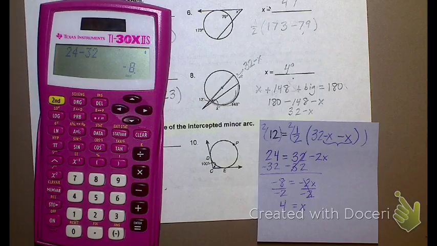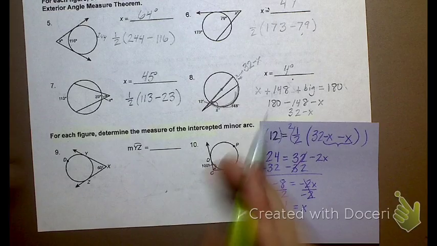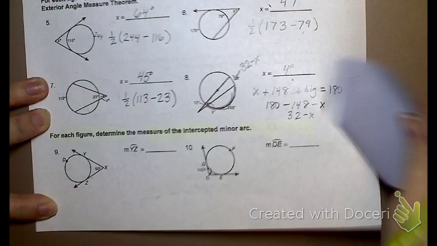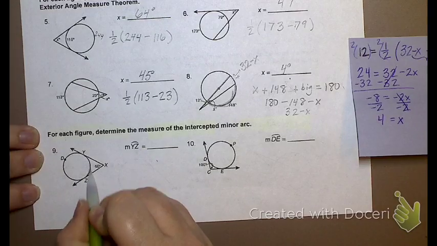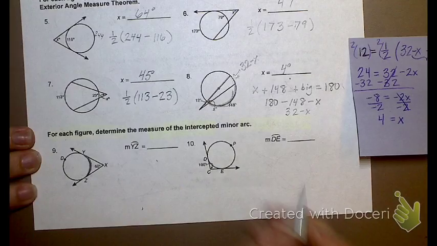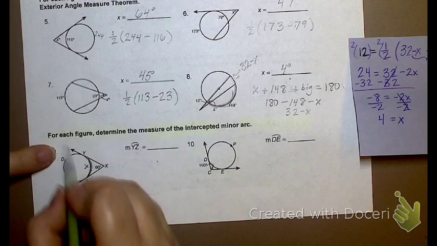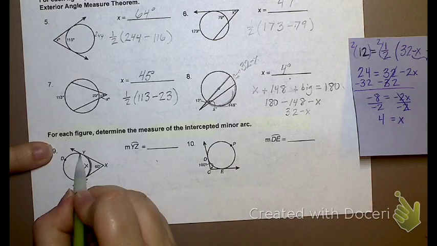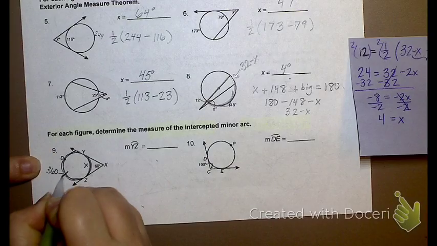So let's see. All right. On this last one, or the last two, I should say, we have the measure of arc YZ. That would be this guy right here. So I'm going to call that x because that's what I'm looking for. And what would that make this arc? Wouldn't that be 360 minus x?